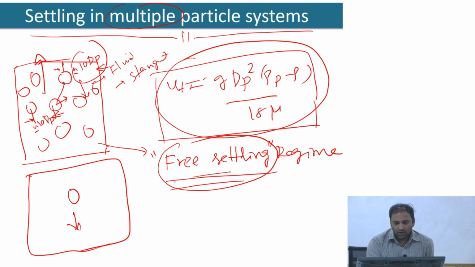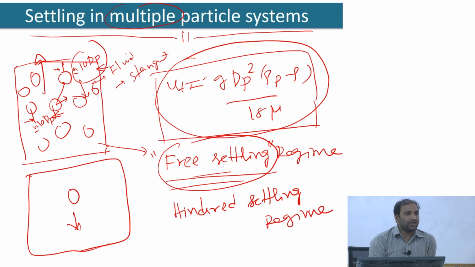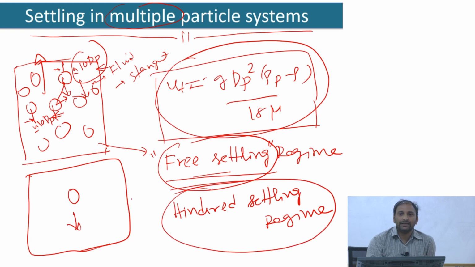When the motion of the particle is influenced by the wall or the other particles in the system, people use a term called hindered settling. When you have a large number of particles, if one is coming down, the other particles influence the drag that it experiences. In such cases, you say that the settling is occurring under hindered settling conditions.